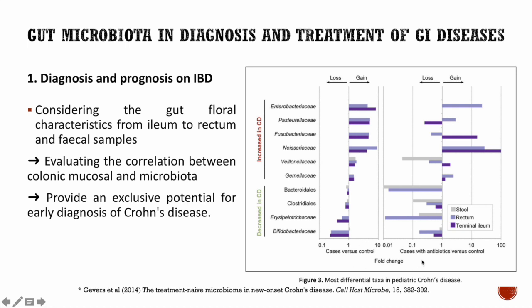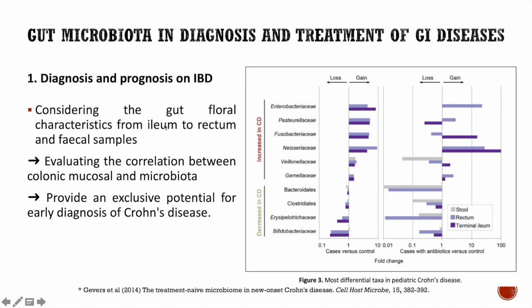They discovered an intimate association between the disease and an increased abundance of Fusobacteria, Enterobacteria, Veillonella, Pasteurella, as well as reduced abundance of Clostridium, Bacteroidales, and Escherichia.